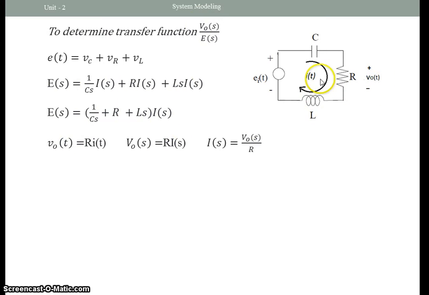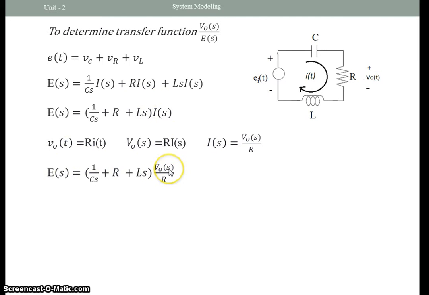v of t is just equal to the resistor times the current i of t. Converting this into its Laplace transform, we have V out of s is equal to R I of s, and solving for I of s, it will be V out of s over R, and this value can be replaced by this value, so we have this equation.